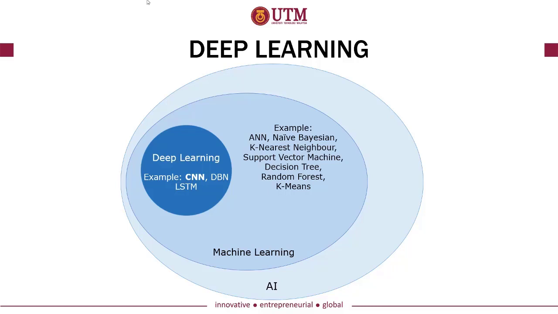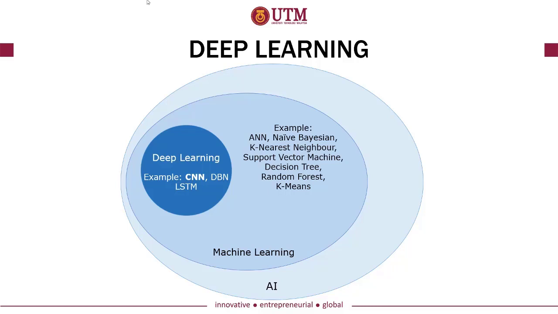But when we talk about deep learning, how do we differentiate it from the artificial neural network you learned before? Deep learning will have more and more hidden layers. If you have a network with many hidden layers, that can be considered deep learning.